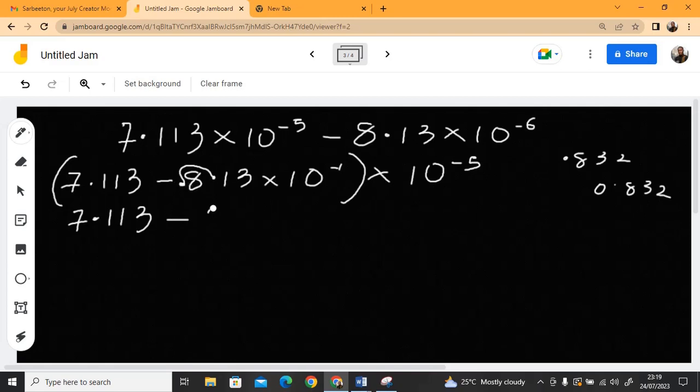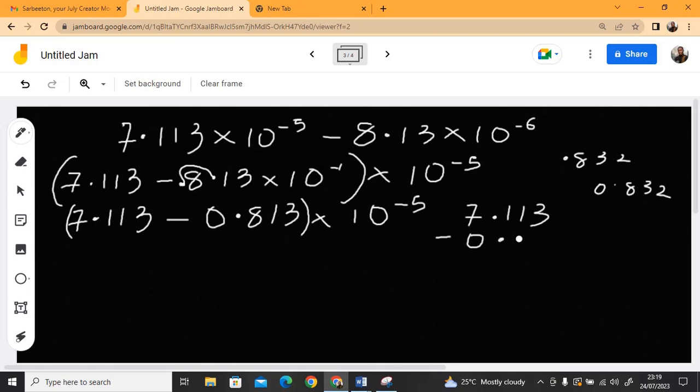So your answer will be what? 0.813, right? When you close it, times 10 raised to the power minus 5, using our normal protocol. So you have 7.113 minus 0.813. 3 minus 3 is 0, 1 minus 1 is 0.